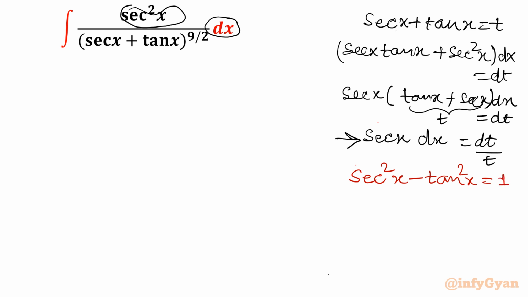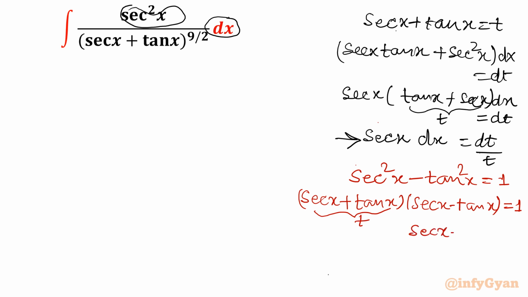Now, difference of squares: sec x plus tan x in one bracket, sec x minus tan x in the other bracket, equal to 1. From here this value is t, so we get sec x minus tan x equal to 1 over t.